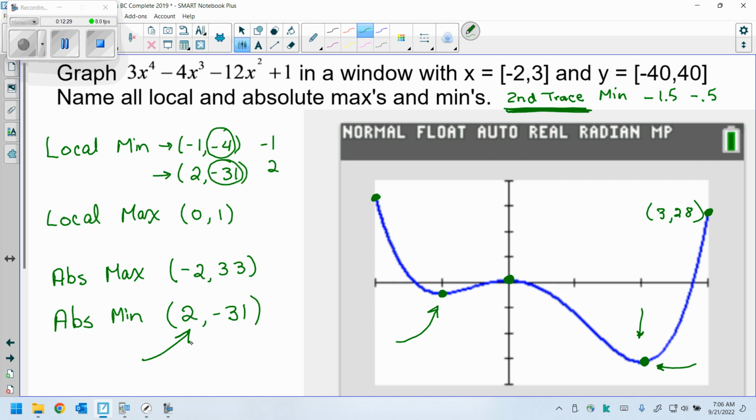If I'm asked for the absolute minimum value, I'm giving that. So when we're able to use our graphing calculator, calculating what these values are is something we need to practice a little bit, this whole calculate feature.